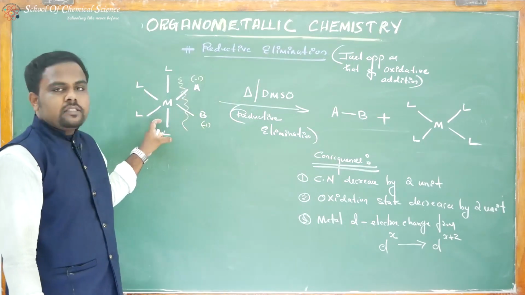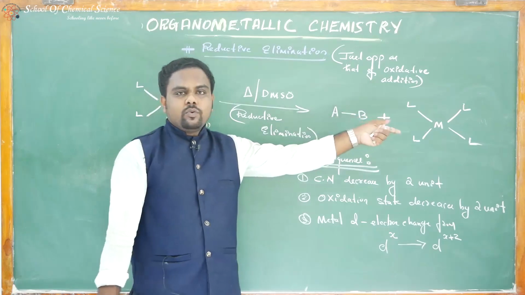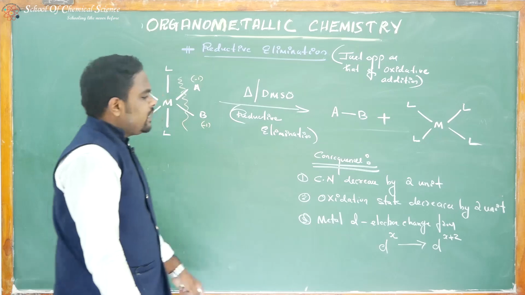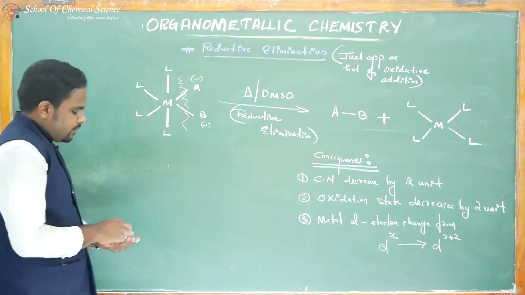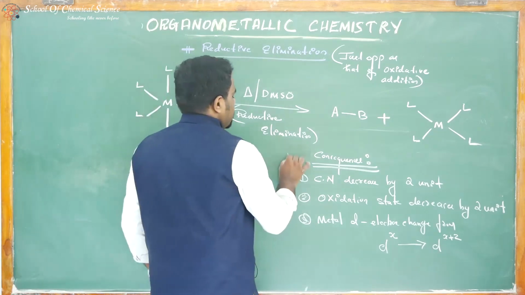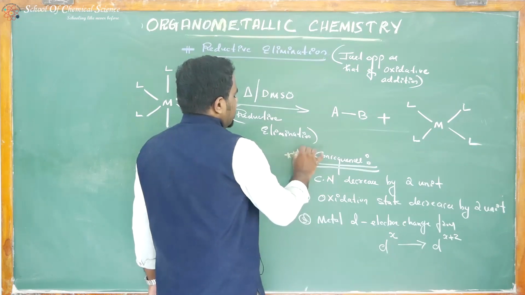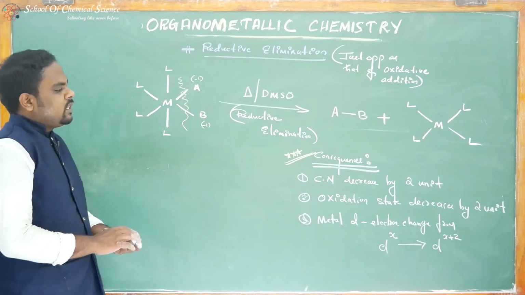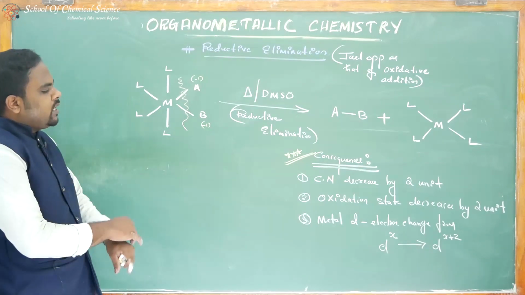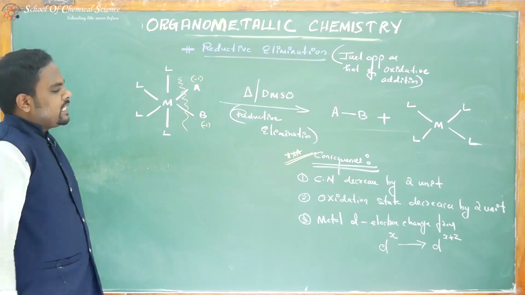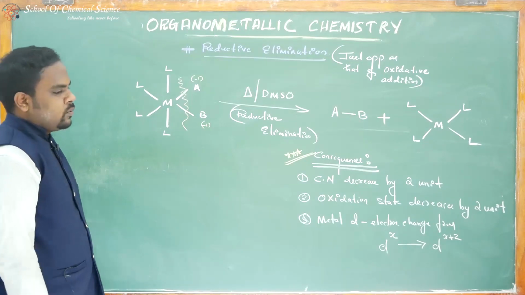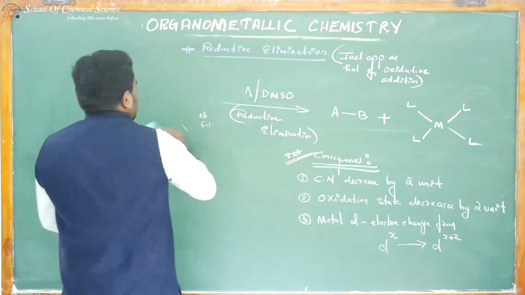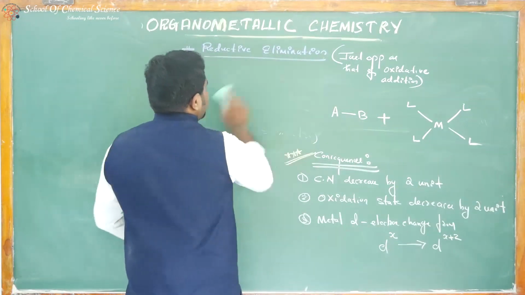Suppose here the metal electron count is dx, then here dx+2. The oxidation state decreases by 2 units, so 2 more electrons are added. So remember this information. During reductive elimination, coordination number decreases by 2 units, oxidation state decreases by 2 units, and metal d electron count changes from dx to dx+2.